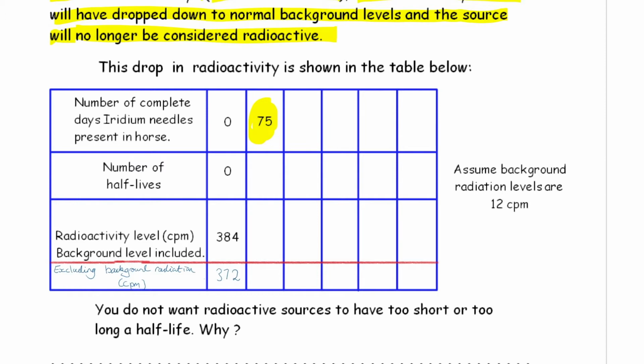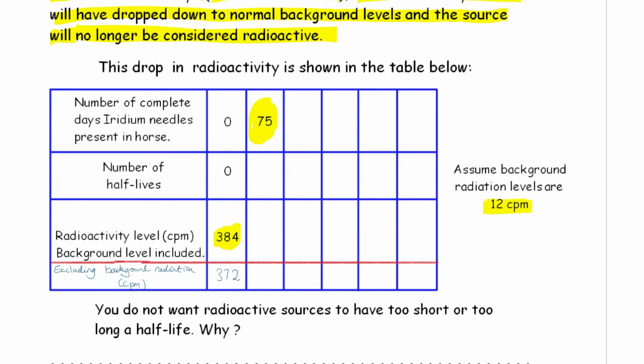But what we do instead, we measure the amount of radioactivity with a Geiger Muller tube, and we're not counting the number of atoms but the level of radioactivity, and we're finding that we've got 384 counts per minute at time 0, but it's telling us assume the background level is 12, so we're going to take 12 away from each reading.